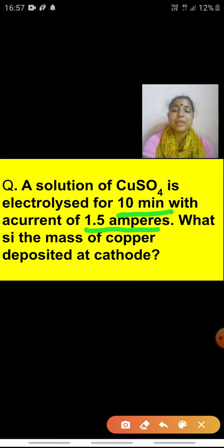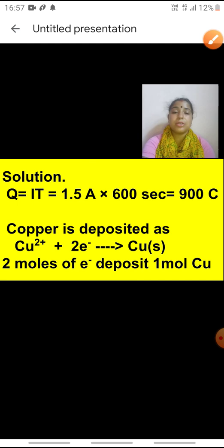Then what you have to find out is the mass of copper deposited at cathode. You have to find out how much copper will be deposited. For finding out the quantity of copper deposited, first of all you have to write down the chemical equation that is taking place.